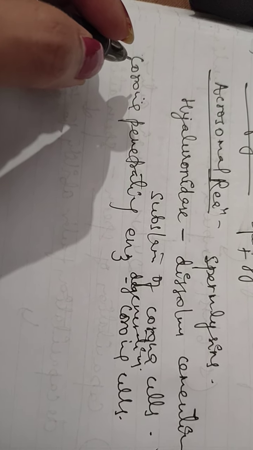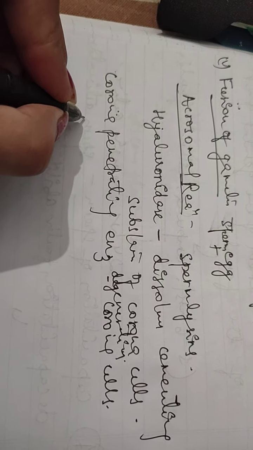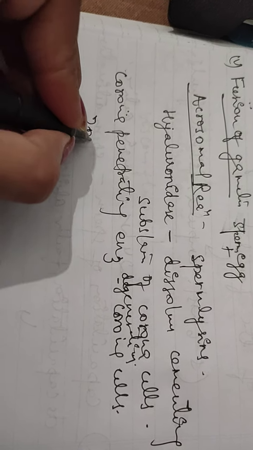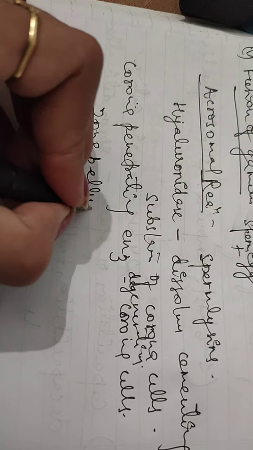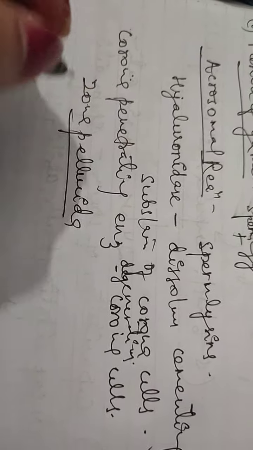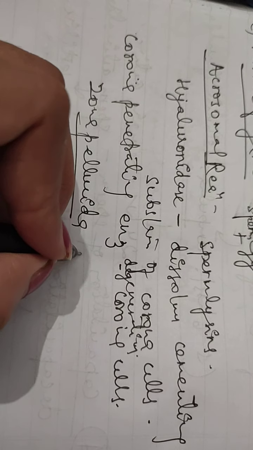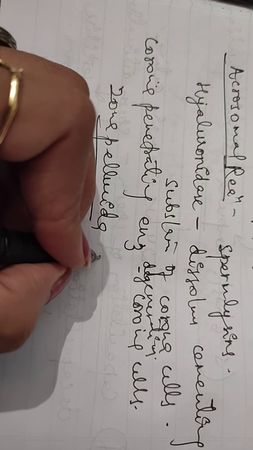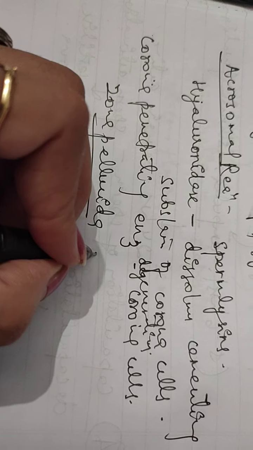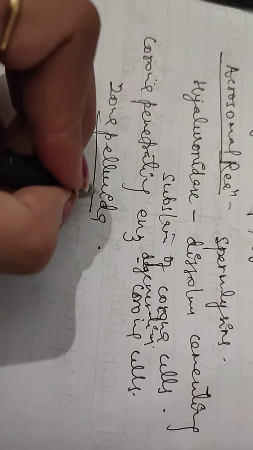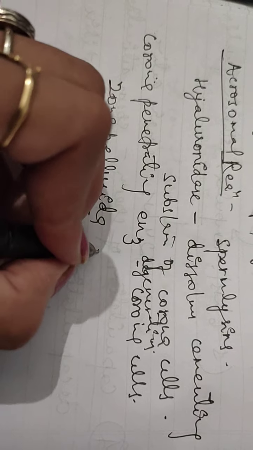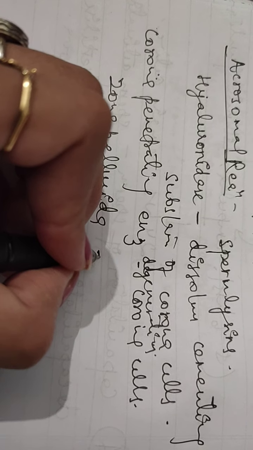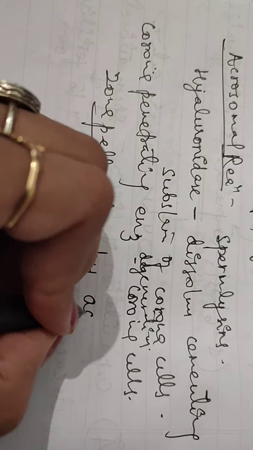As the sperm head reaches the zona pellucida, there occurs a reaction which results in emptying of the acrosome and degeneration of the zona pellucida by acrosin. This zona pellucida layer also gets degenerated by the enzyme acrosin.